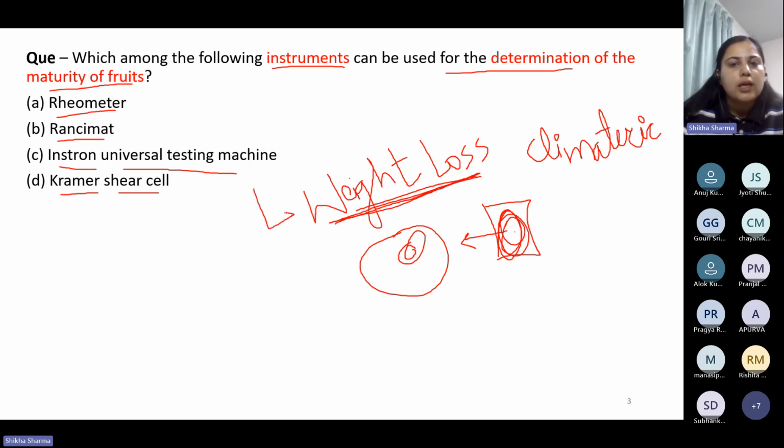Second, because of the process of transpiration, which is evaporation of water, the turgor pressure inside the cell reduces, right? So the second parameter is the firmness or the texture.